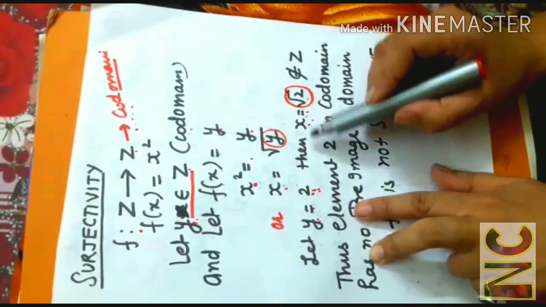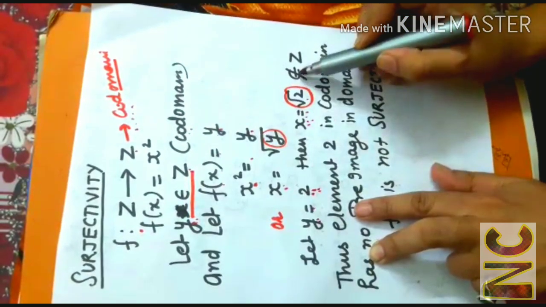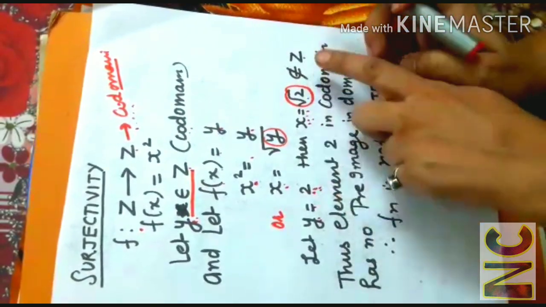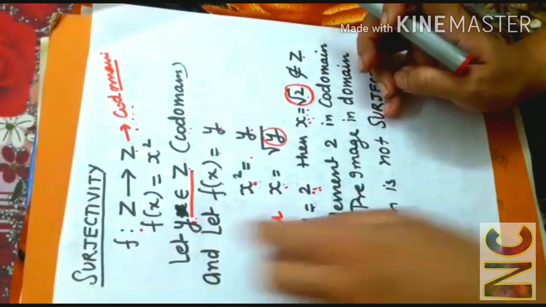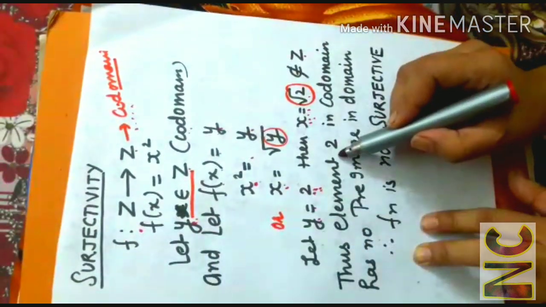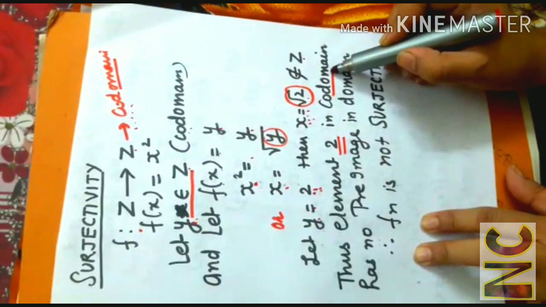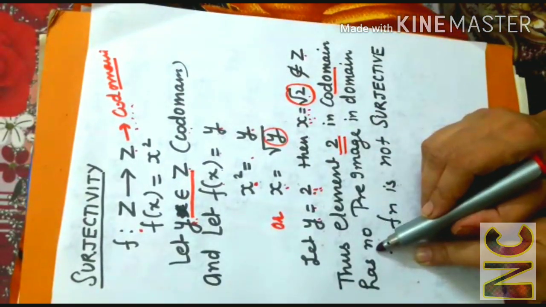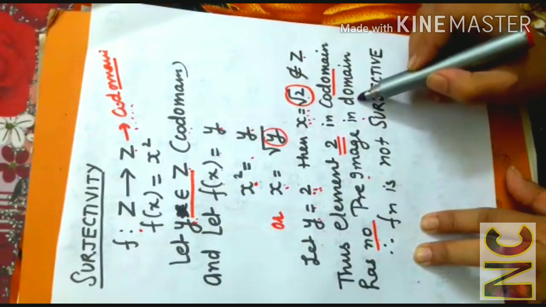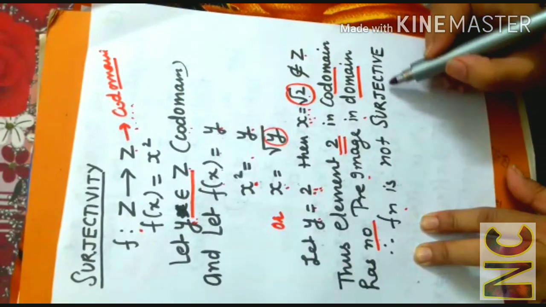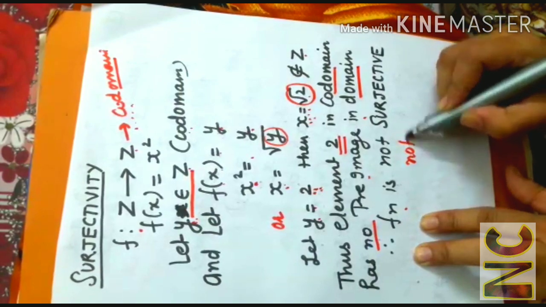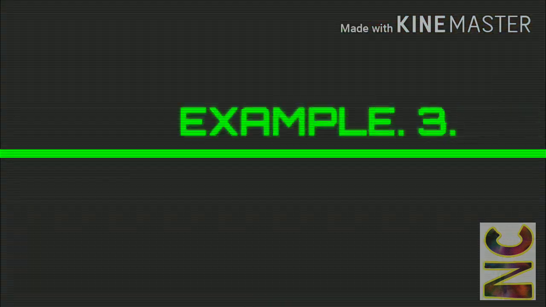Definitely in this case x does not belong to Z, so I can say that x does not belong to the domain. So here the element 2 in the codomain does not have a pre-image in the domain. Therefore the function is not surjective, that is, the function is not onto.